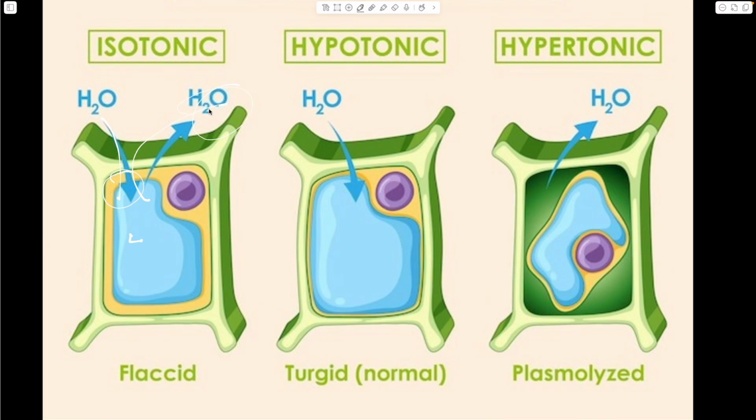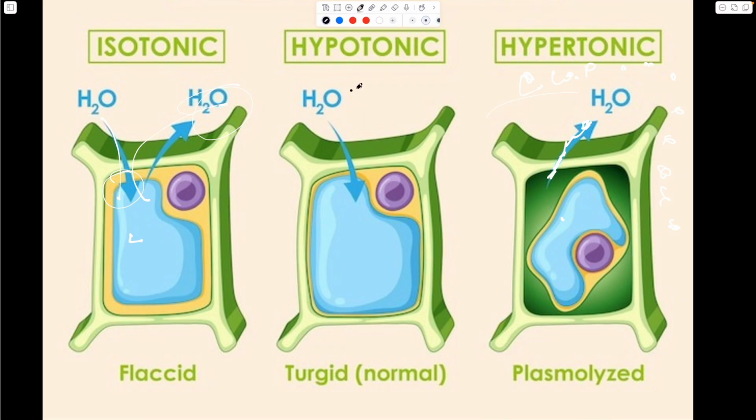However, the situation completely changes in a hypertonic solution, where outside the cell the solute concentration is very high, so it has lower water potential. So basically water molecules move from higher water potential to lower water potential, outside the cell. This whole process is known as plasmolysis.